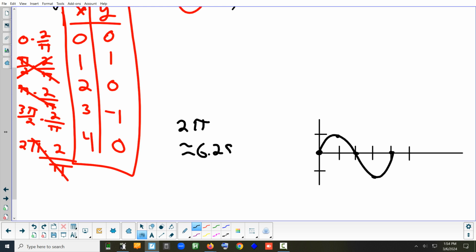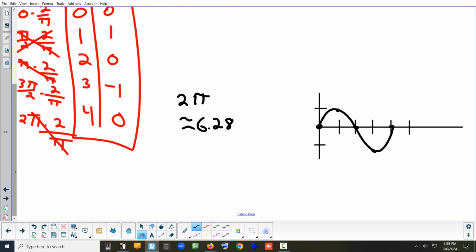So normally you have to go about 6.28 units to get a full cycle in. How many units did we have to go? 4 units. So did this stretch or compress? Compressed. It didn't compress a lot, but you only have to go to 4 units now, where you used to have to go to about 6.3 units. Yeah, so that compressed. Any question on that?